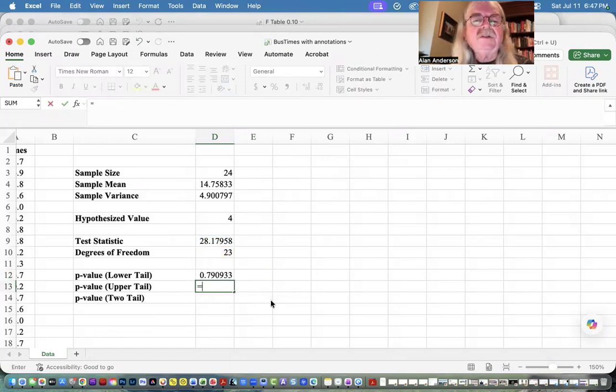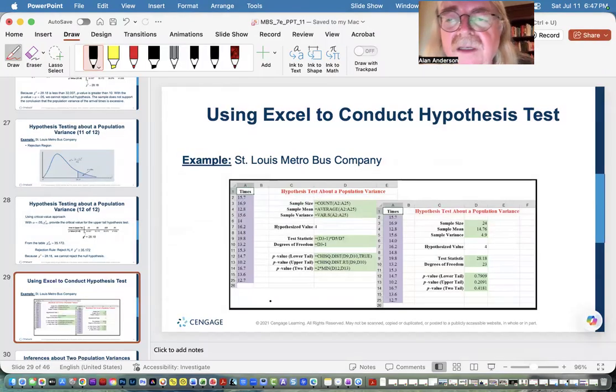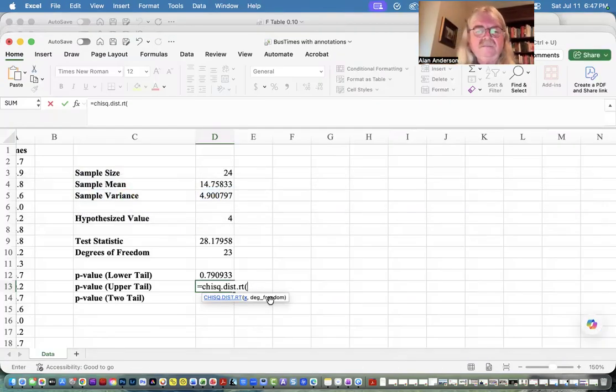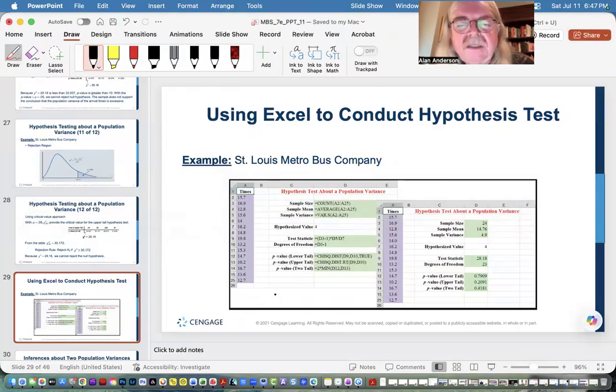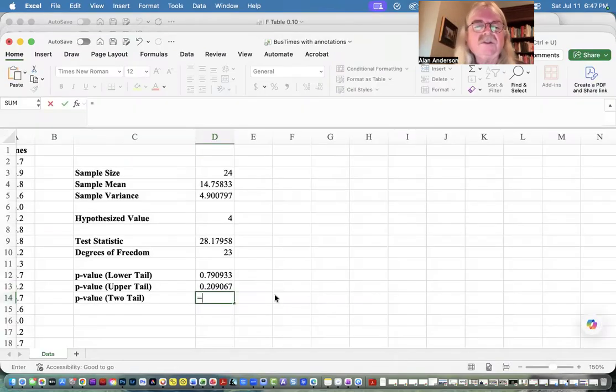But for this one, we're using chi-square dot dist. This one is RT, the right tail, which means we don't need to tell it true. I don't know why they set it up that way. It is a little confusing. And then two tails, it's that same setup they always have, equals two times min of the two.